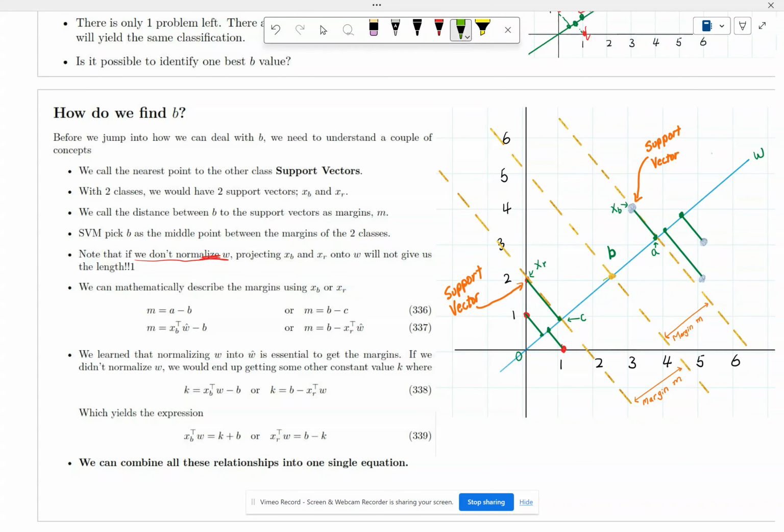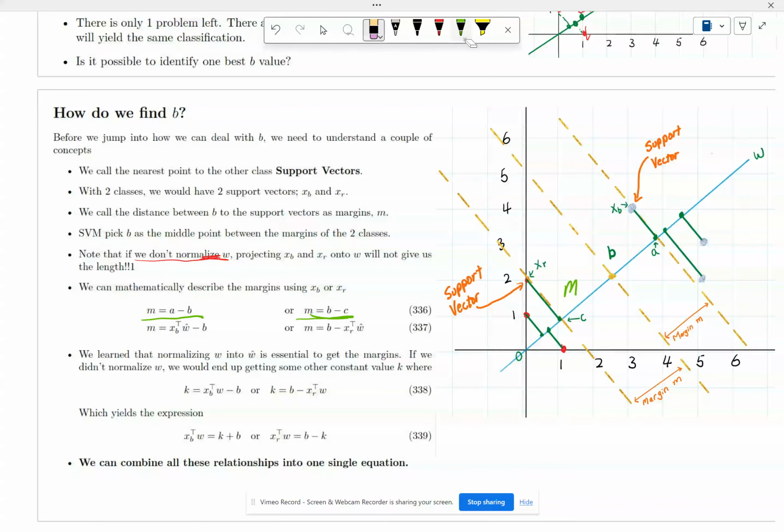So I told you the margins M and M. We can describe the margins as A minus B. So A minus B is essentially this distance. Or B minus C. That will also give us the margin. So there are two ways to identify the margin.